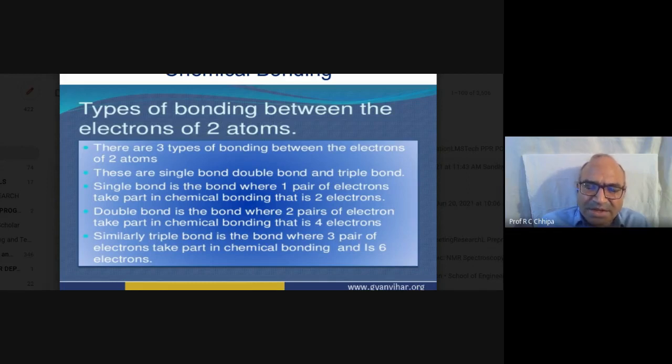So why is the sodium cation formed? There are three types of bonding between the electrons of two atoms: single bond, double bond, and triple bond.